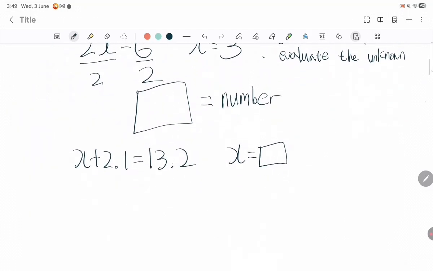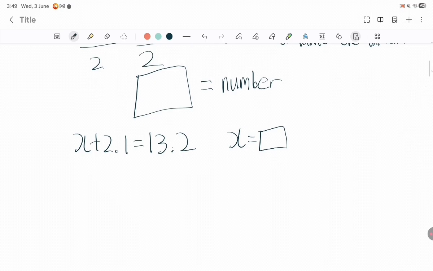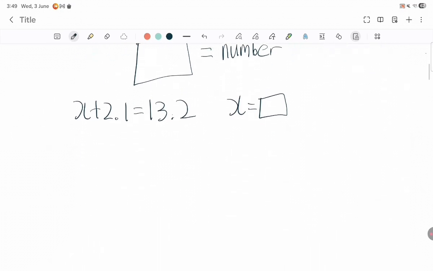So in this case, we want to find the value of x to restore the balance. I don't know how many of you have watched my first video, where I explained the meaning of algebra. The word came from Arabic, and the meaning is like restoring balance. So in this case, we want to find the value that restores the balance of this equation.